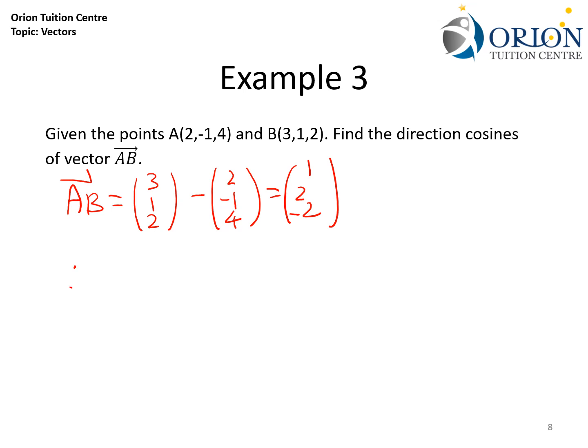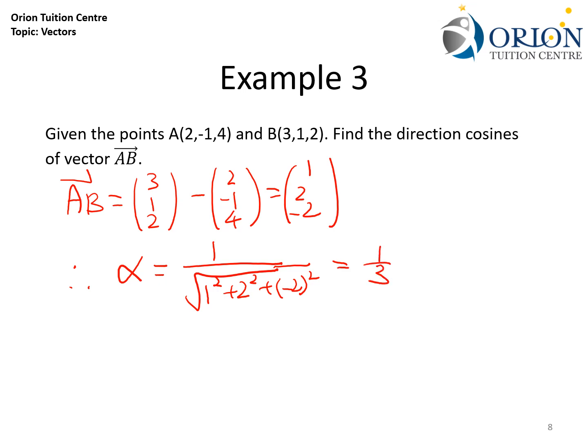For the direction cosines, we just apply the formula that we have learned earlier. Alpha will be equal to 1 over square root of 1 squared plus 2 squared plus negative 2 squared, which becomes 1/3. Likewise, beta becomes 2 over 3 and gamma becomes negative 2 over 3.